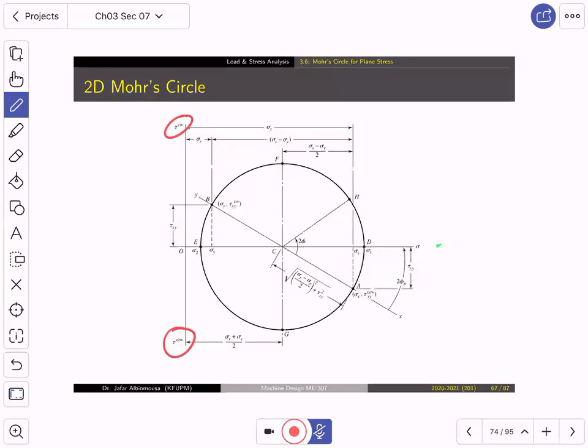So what are we going to do? As you see here, the one on top is clockwise and the one at the bottom is counterclockwise. Do you understand that? Does anybody have a problem with this? It doesn't matter, right? Tau clockwise up, tau counterclockwise down. Are we okay?